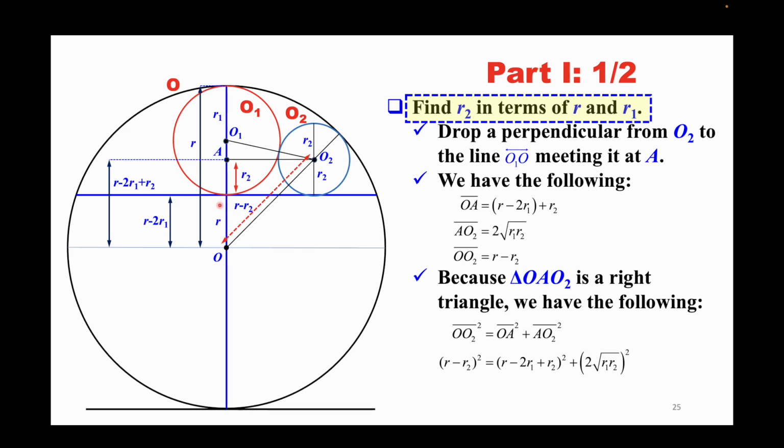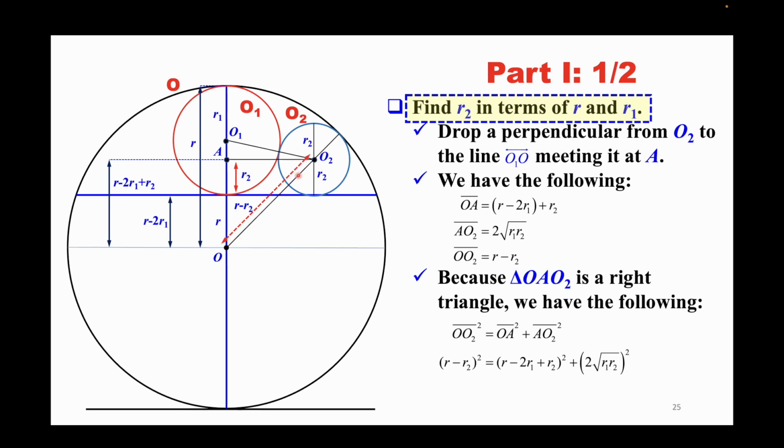So the distance going from O to A would be R minus 2R1 plus the radius R2. Therefore, we have OA equals R minus 2R1 plus R2. AO2 is 2 times the square root of R1 times R2.